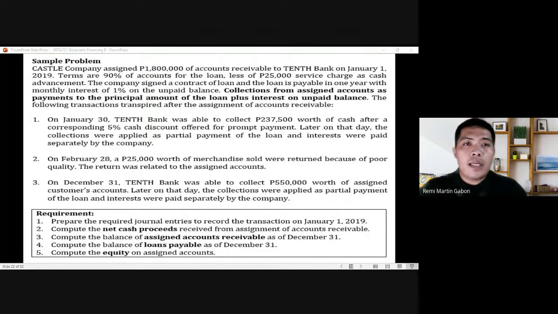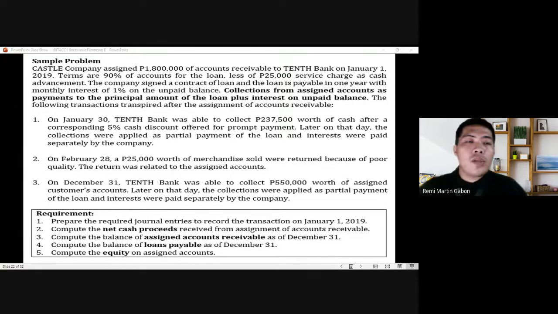The company signed a contract of loan and the loan is payable in 1 year with 1% monthly interest on unpaid balance. Collection from assigned accounts as payments to the principal of the loan, principal amount of the loan plus interest on unpaid balance.